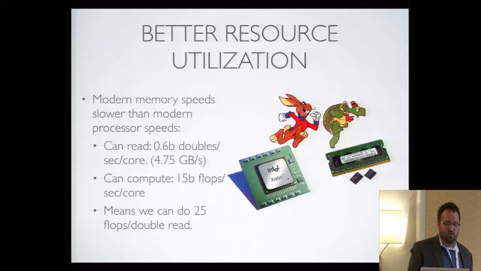So that gives us, if we're streaming data into our processors through memory, we can read something like 500 million numbers per second. Meanwhile, we can probably do something like 15 billion flops per second per core. So that leads to this impedance mismatch where, for every number we read from memory, we could do maybe 25 numerical operations on it in the same time.